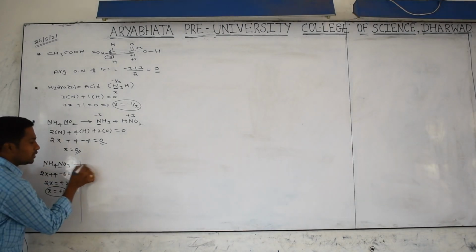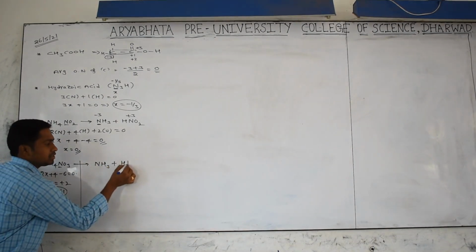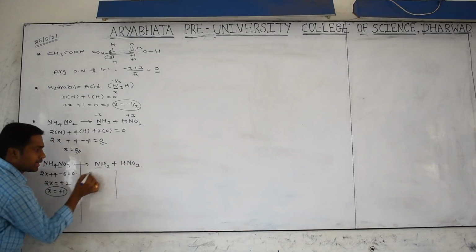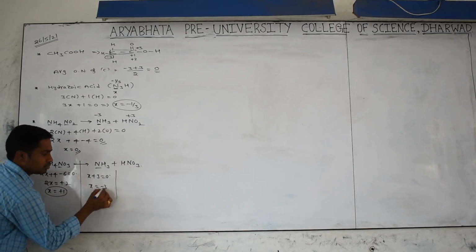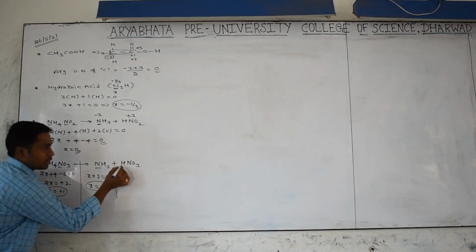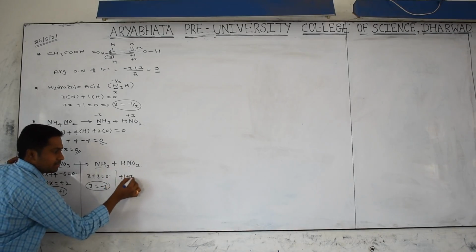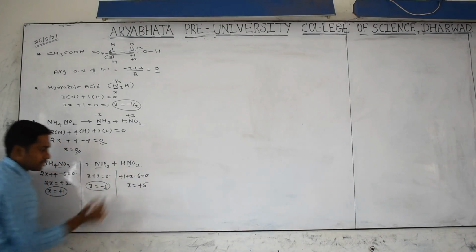it is actually a combination of ammonia and nitric acid, HNO3. You know very well, here the oxidation number: X plus 3 equals 0, then X equals -3. Here, +1 plus X minus 6 equals 0, then X equals +5.